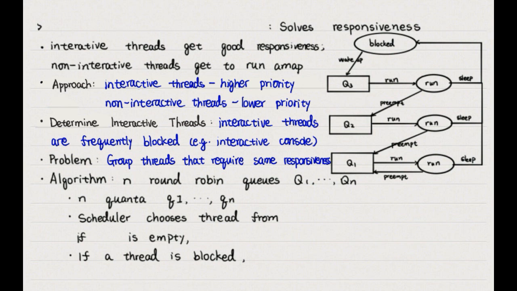To do this, we maintain n round-robin queues Q1 to Qn. Qn stores most interactive threads and Q1 stores least interactive threads.